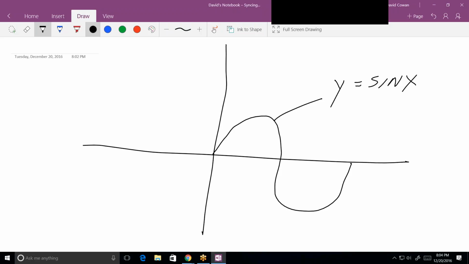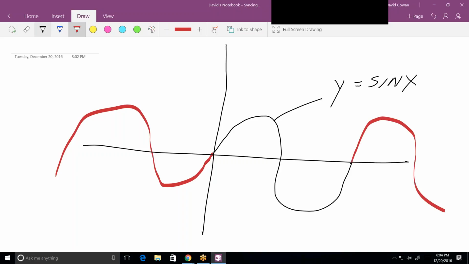Now, I've only drawn one period of it. It obviously goes on forever. In other words, it goes like that in that direction, and it goes like this in that direction. But the key point is it never gets above 1 or below -1.